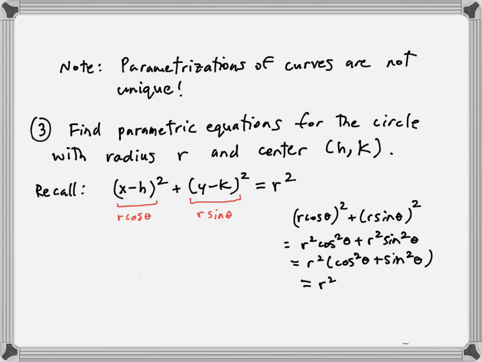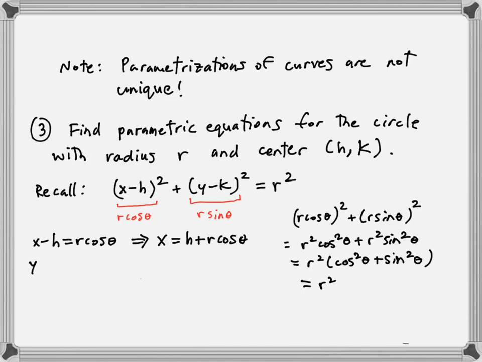So if we want to let x minus h be r cos theta, then this implies that x is equal to h plus r cos theta.